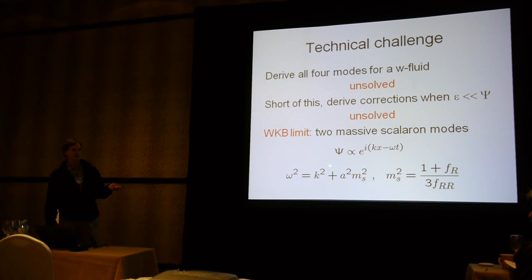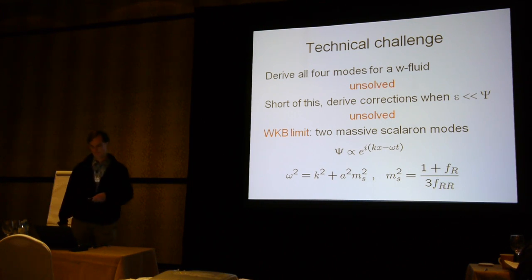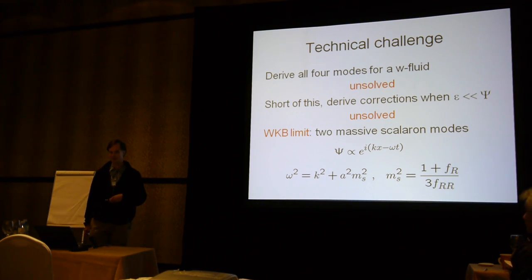The limit of general relativity is when f sub R goes to 0. That's a singular limit of this system because then this frequency goes to infinity. But there are two additional modes here, left and right, essentially propagating scalars.